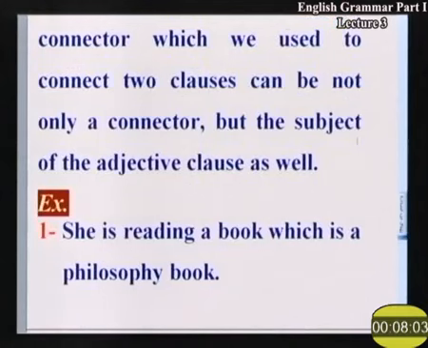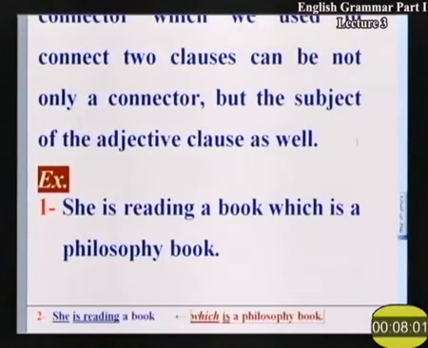نبص كده. She is reading a book which is a philosophy book. She is reading a book. عارفين ان دي الجملة الأساسية بتاعتنا. That is our main clause. طيب. Which is a philosophy book. مش which دي معناها book؟ يعني she is reading a book.